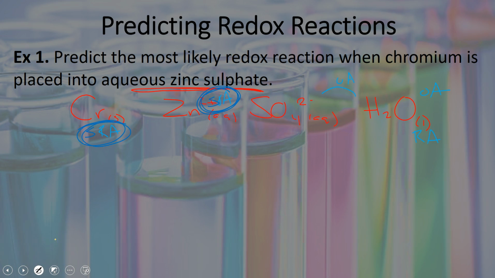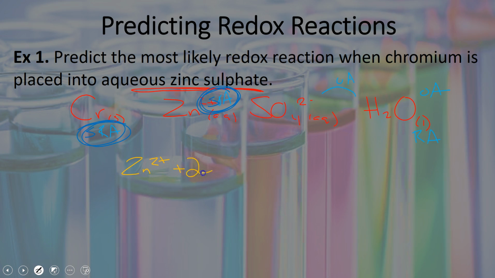Now that I've figured out my strongest OA and my strongest RA, I'm going to write the half reactions for each of these. For zinc 2+, because zinc is the OA, it's being reduced, so I can just write the exact half reaction that appears on this table.